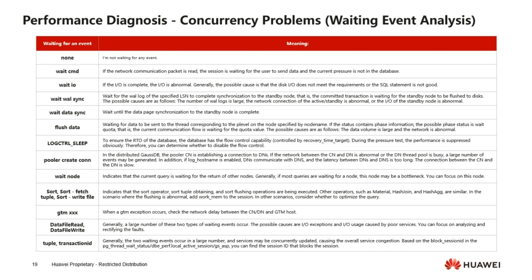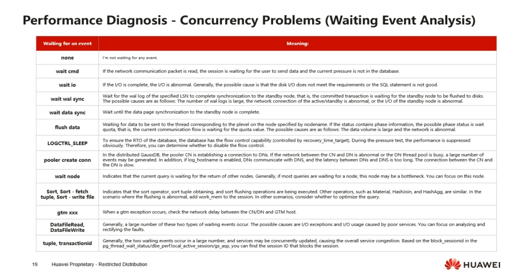If you've got too many of those, the workload pressure hasn't actually reached the database. Wait IO indicates IO-related events like disk read and write. A large number of these may say that your disk IO does not meet the requirement, or that the SQL execution is not optimal and causes unnecessary IO use.